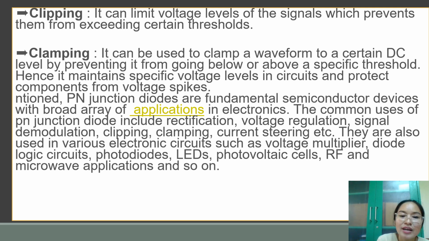So, p-n junction diodes are fundamental semiconductor devices with a broad array of applications in electronics. The common uses of p-n junction diodes include those mentioned above. They are also used in various electronic circuits such as voltage multipliers, diode logic circuits, photodiodes, LEDs, photovoltaic cells, RF and microwave applications, and so on.